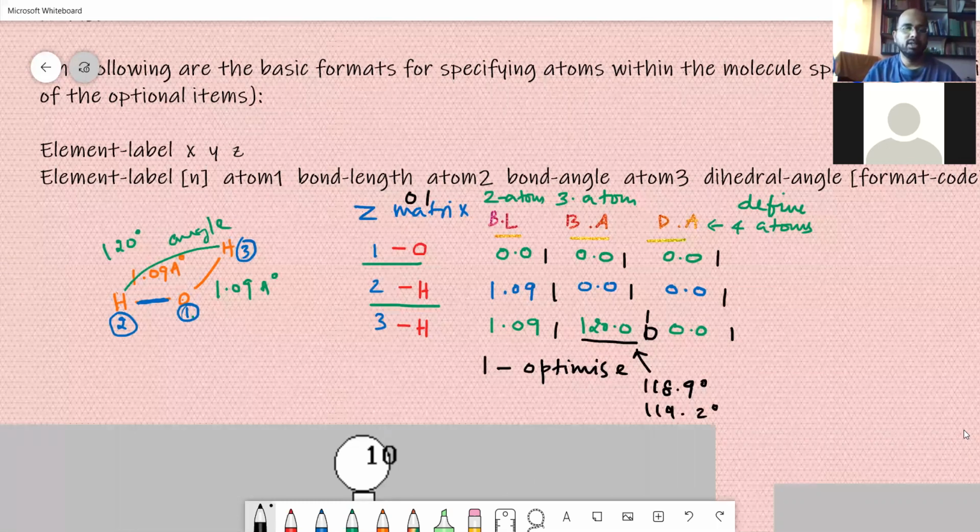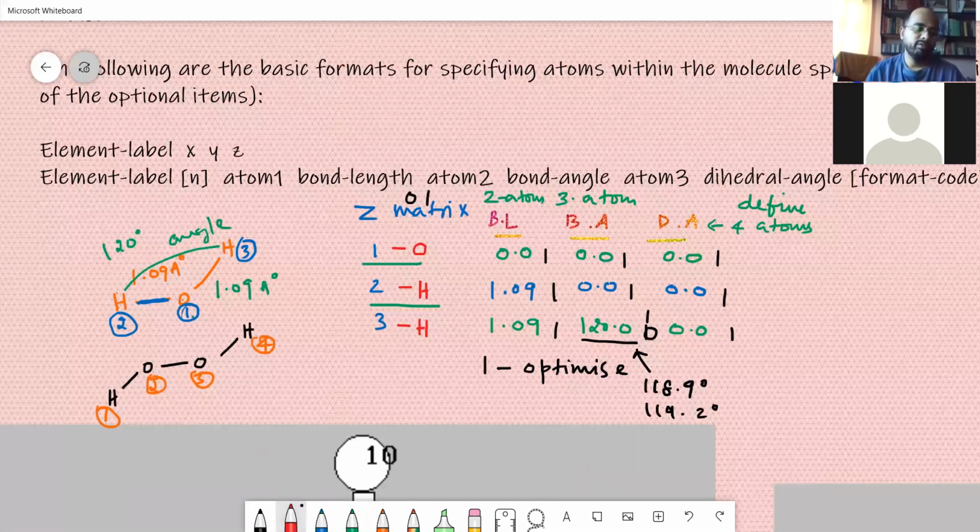Now this is the case with the water molecule. What will happen if you add one more oxygen atom at this center like this? So now you get 4 atoms, 1, 2, 3, and 4.